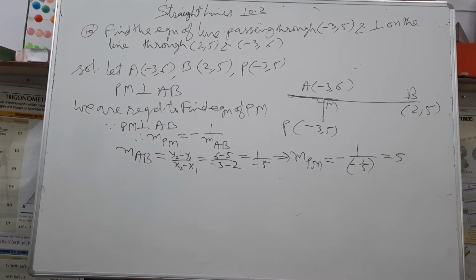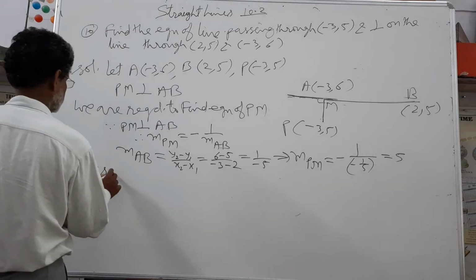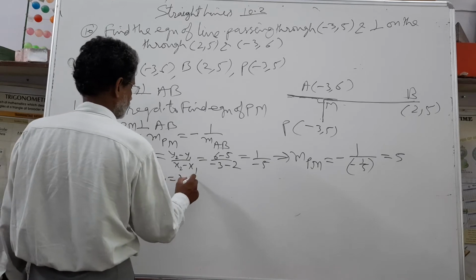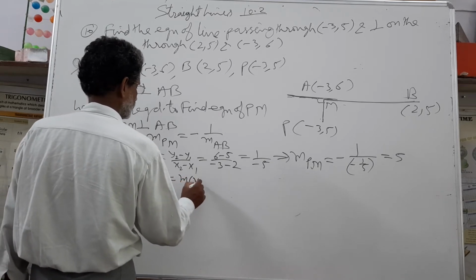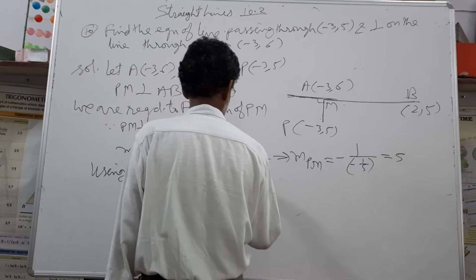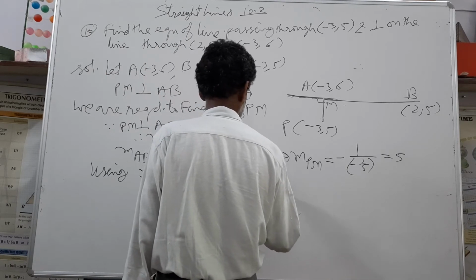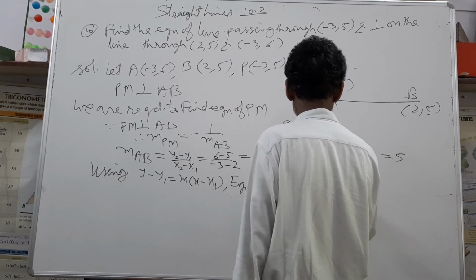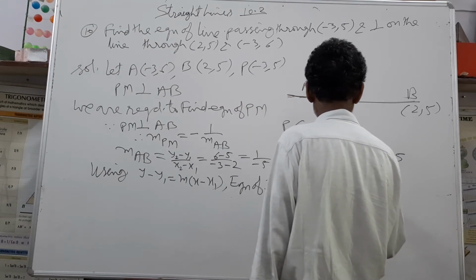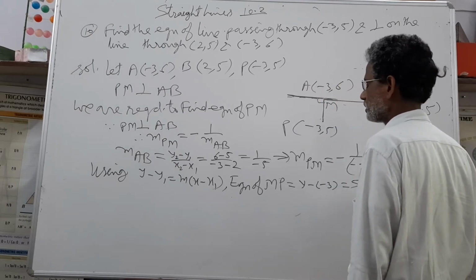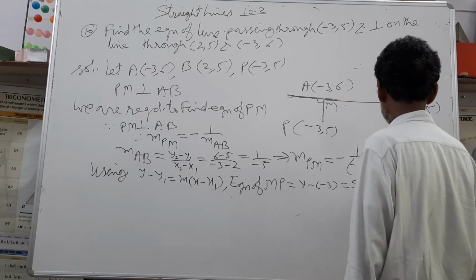Now using y minus y1 is equal to m into x minus x1, equation of PM is y minus passing point y1 is equal to m, that is 5, into x minus x1, that is minus 3.